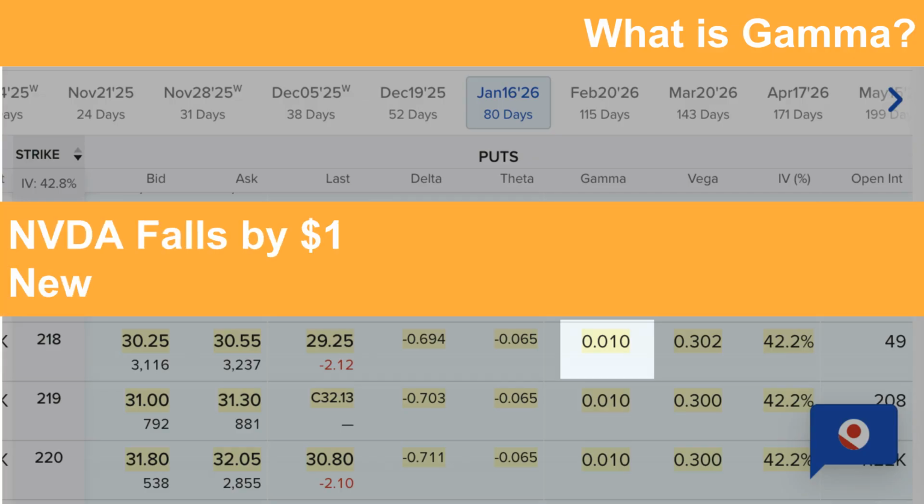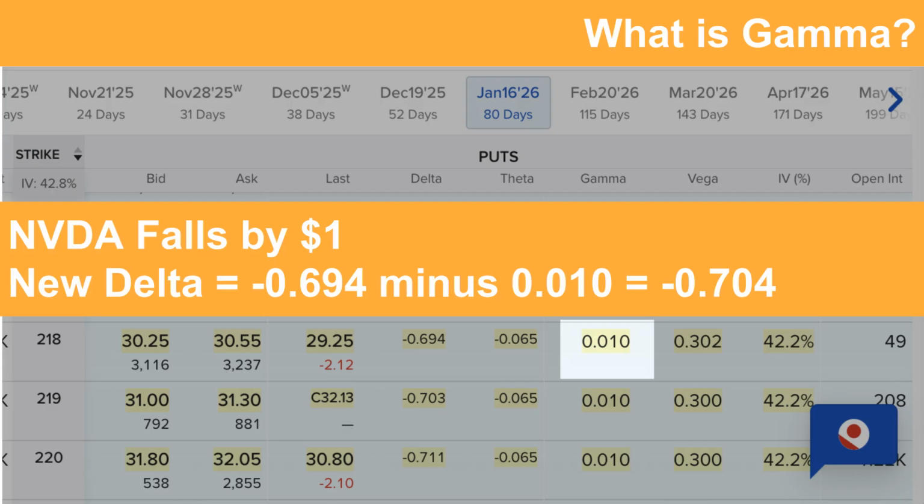This means that if NVIDIA drops by $1 to 192.02, our delta becomes minus 0.694 minus 0.01, which is minus 0.704. So that's moved in our favor. We want the negative value of delta to increase when we own a put option. And vice versa, when it rises by $1, the value of our delta will actually decrease from the negative value that it's at now, working against us. So we're said to be long gamma.